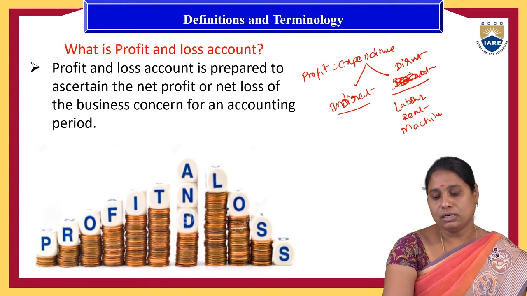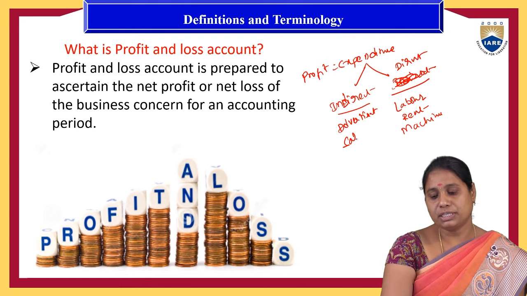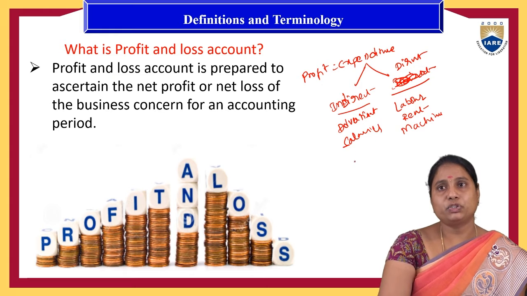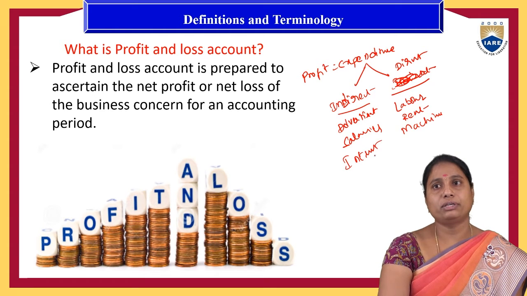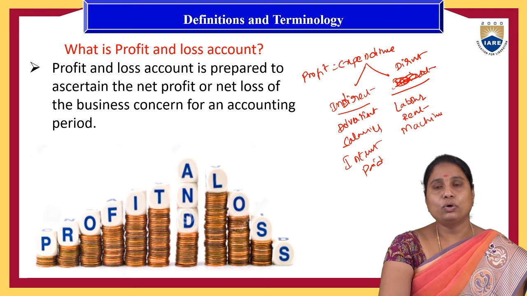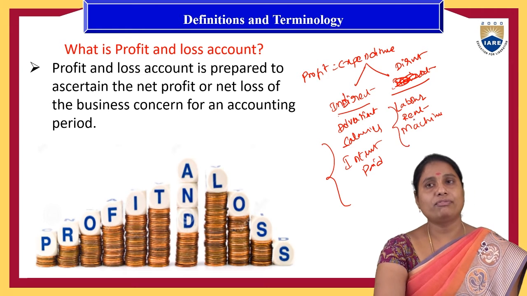Indirect charges are all advertisement cost, and the operational salaries which they have paid for the administrators, etc. Any other additional, that is interest paid for the loan which they have taken. So here it is the indirect expenditure, it is the direct expenditure.